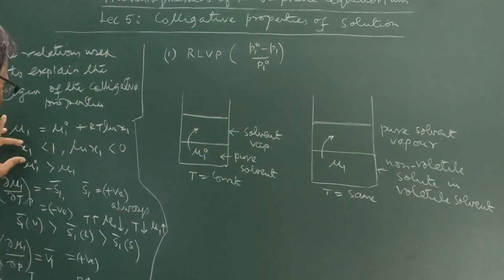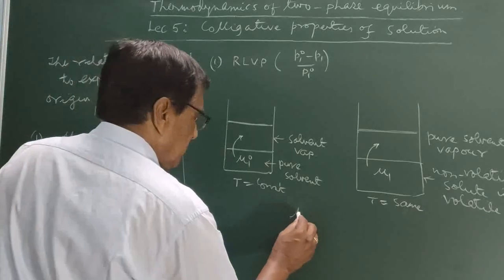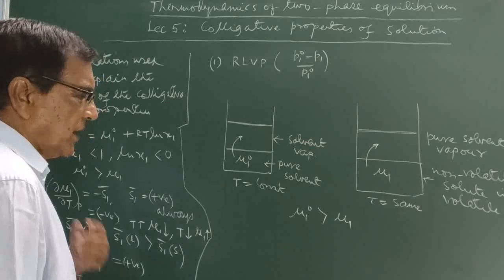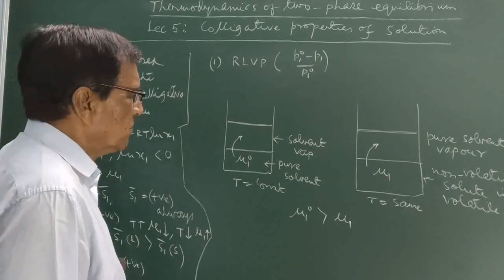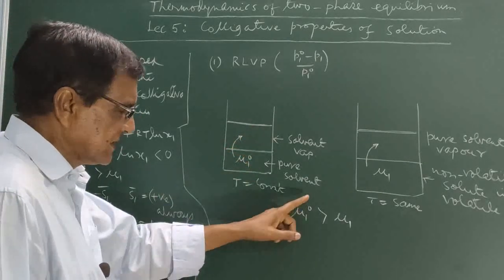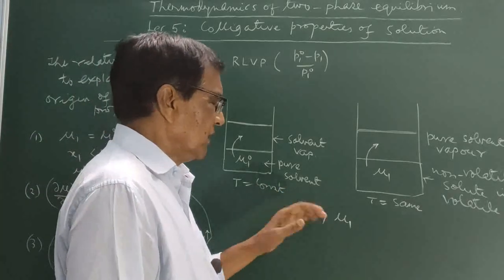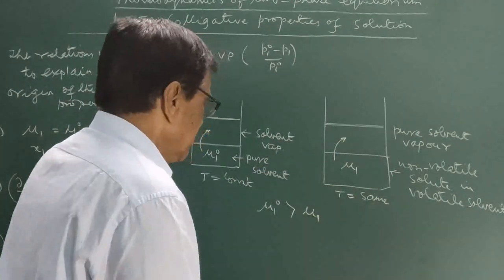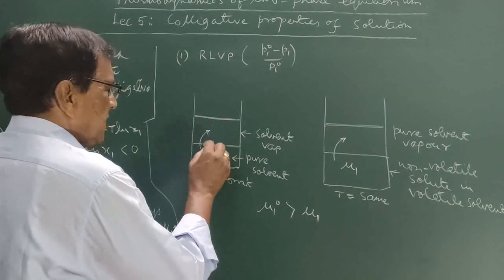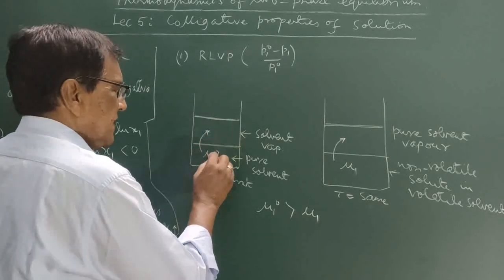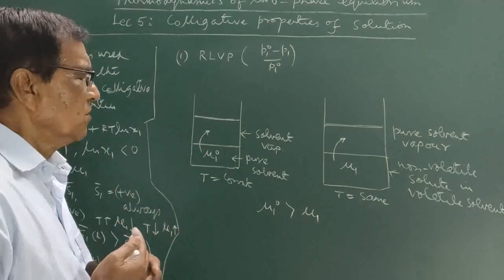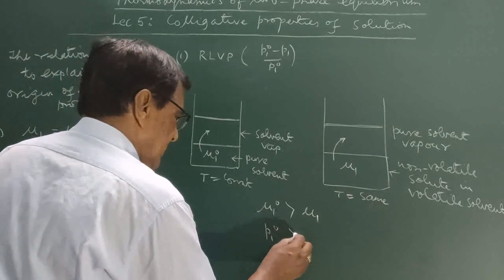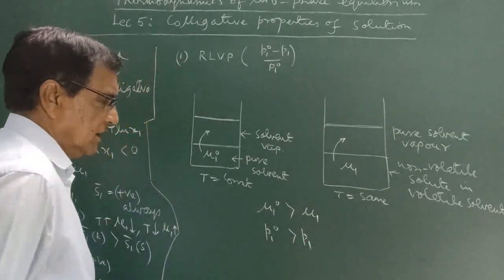From these relations, it is clear that mu1 naught is greater than mu1. It means the escaping tendency of this pure solvent to the vapor phase is greater than the escaping tendency of the solvent in solution to this vapor phase. Naturally, as the escaping tendency is greater in this case, the vapor pressure will also be high. So in this case, P1 naught is greater than P1.